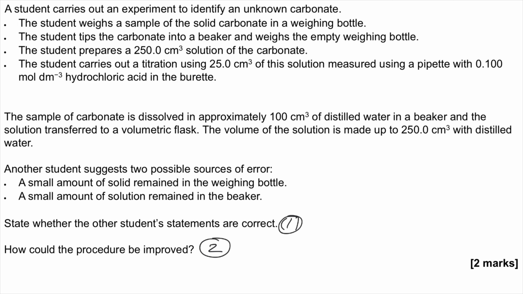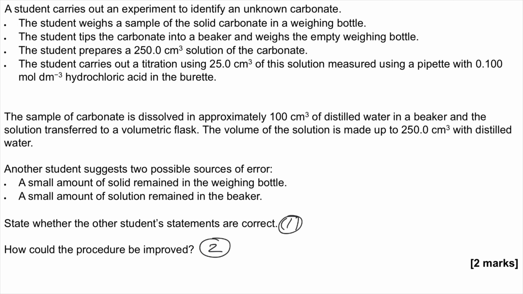So this is not a correct statement. Despite me having written the word true, which might be looking confusing, it's not correct because they have weighed by difference. The solid remaining in the weighing bottle is not a source of error in this experiment.